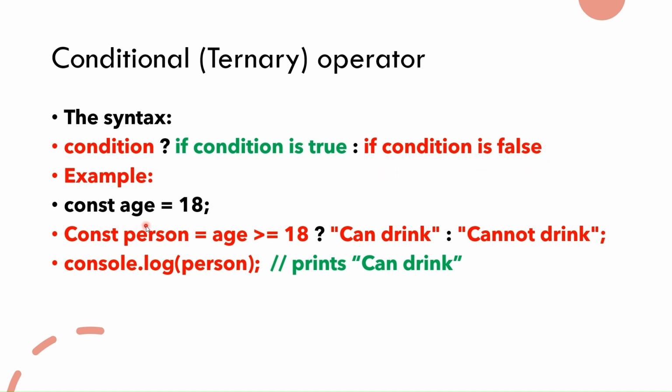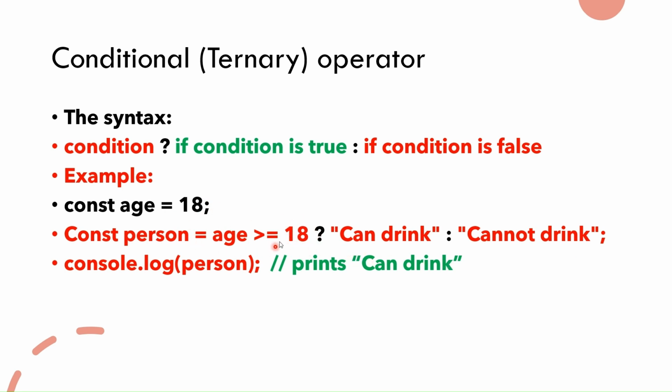Example: const age assigned to 18. Then const person assigned age is greater than or equal to 18, the question mark, then 'can drink', colon, 'can't drink'. Because the age value is 18, it is equal to 18, so it is true.